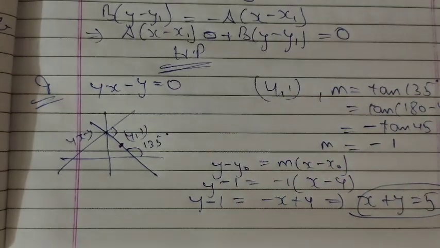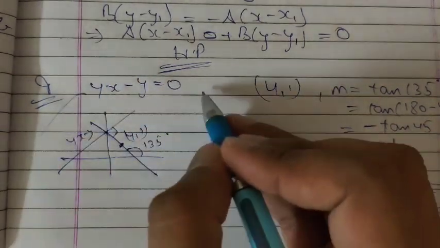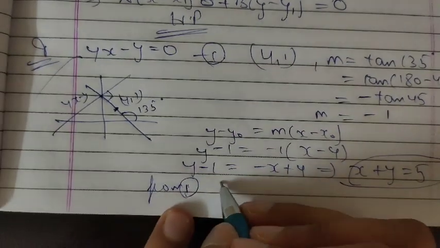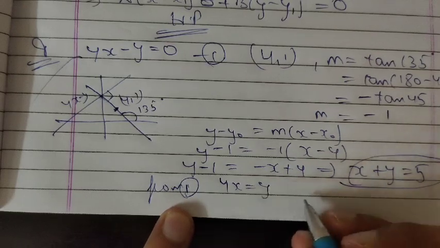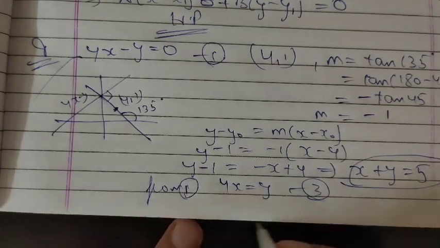So 4x - y = 0, from the first we can say 4x = y. This is the second, and from the second and third, x + y = 5.